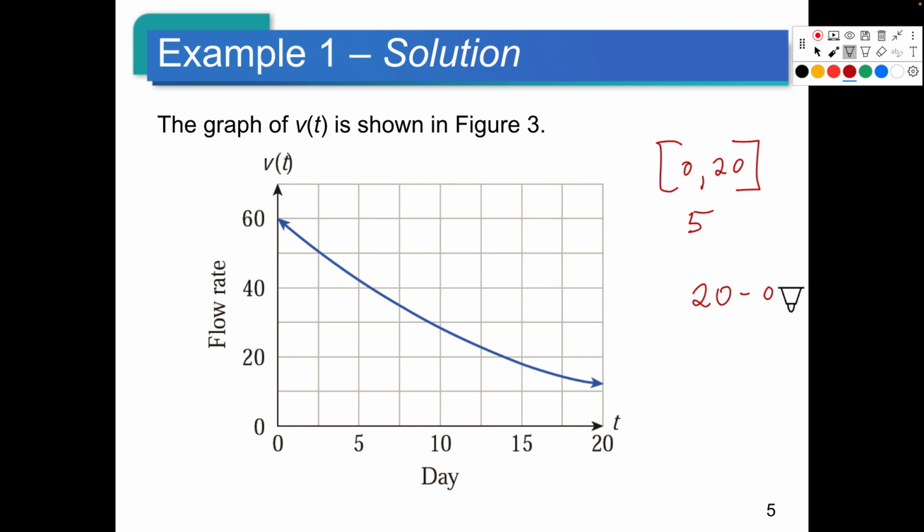In this case it's 20. We wanted to divide it into 5 rectangles. How long would each rectangle be? Would it make sense to take the length, which is 20, divided by the number of rectangles you want to make? We find that each rectangle will have a length of 4.